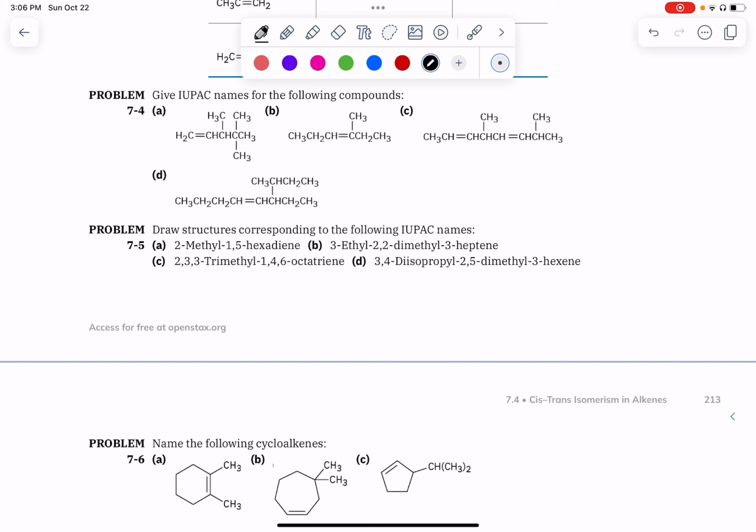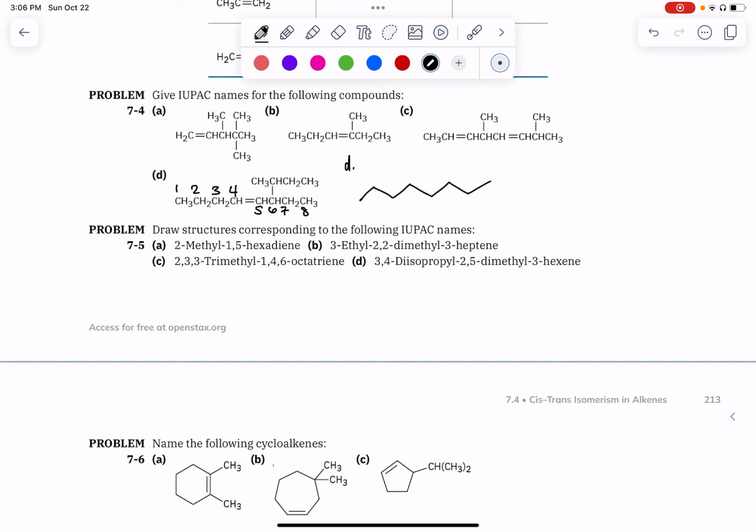All right, so for D, we've got 1, 2, 3, 4, 5, 6, 7, 8. So 2, 3, 4, 5, 6, 7, 8. And it looks like we've got 1, 2, 3, 4, 5, 6, 7. We've got a bond between the 4 and the 5.